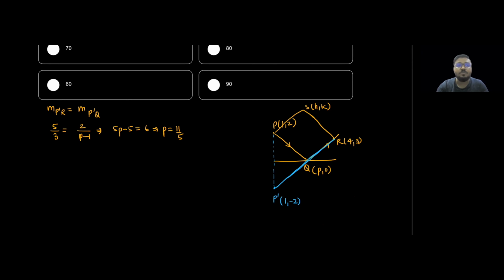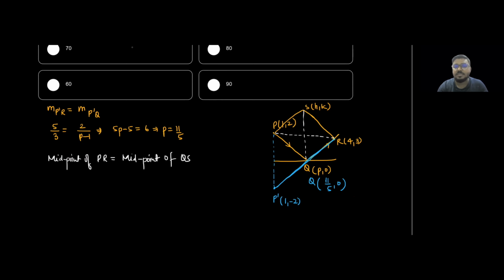Now I have the coordinates of Q: (11 by 5, 0). Now we are interested in H and K. We know the diagonals of a parallelogram bisect each other, so the midpoint of PR equals the midpoint of QS.